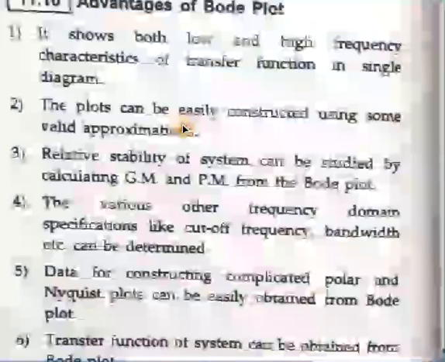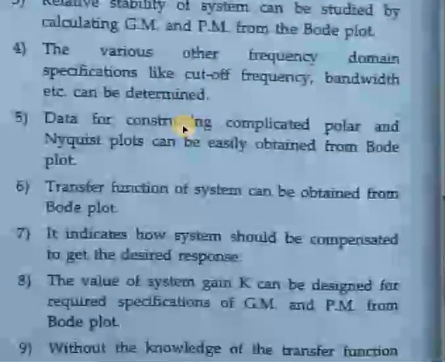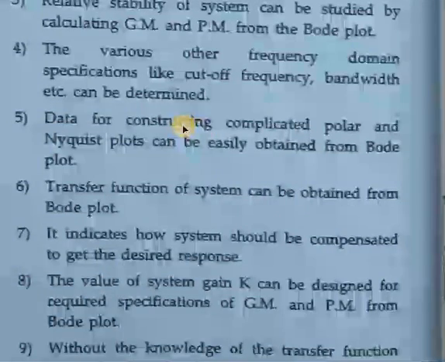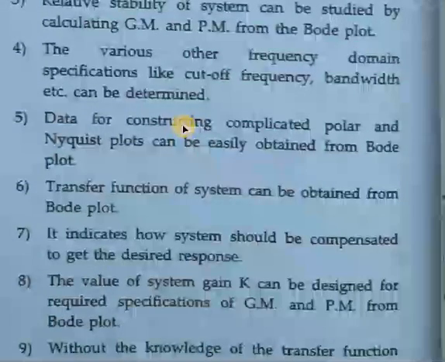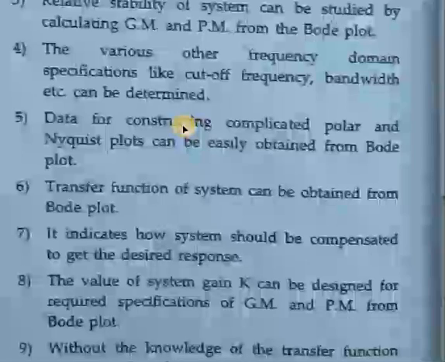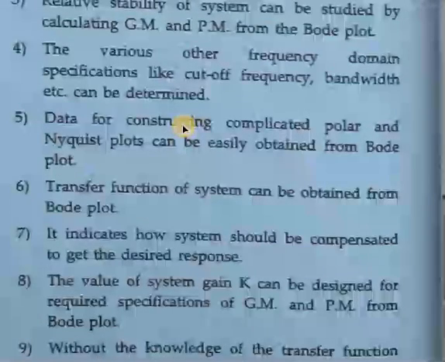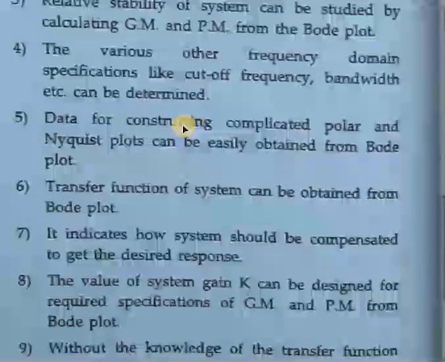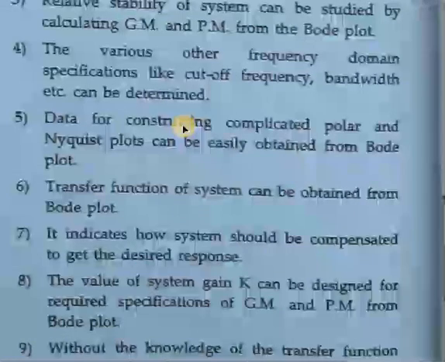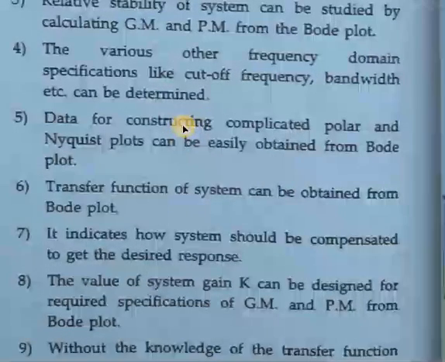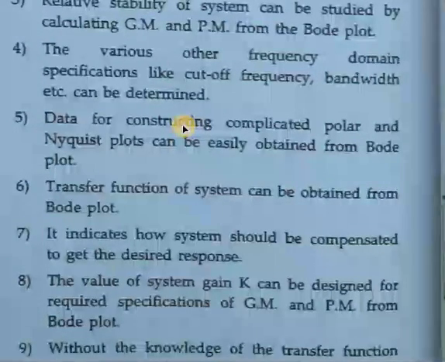Then the sixth one is that the transfer function of the system can be obtained from the Bode plot directly, and it indicates how the system should be compensated to get the desired response. The eighth one is that the value of system gain K can be designed for the required specifications of gain margin and phase margin from the Bode plot, as we solved in the last problem.